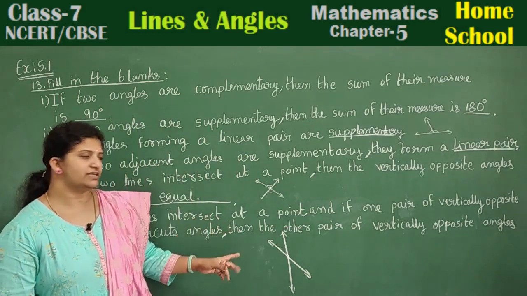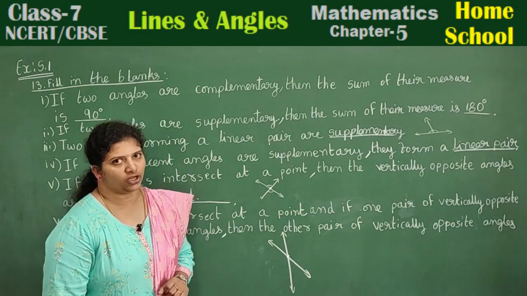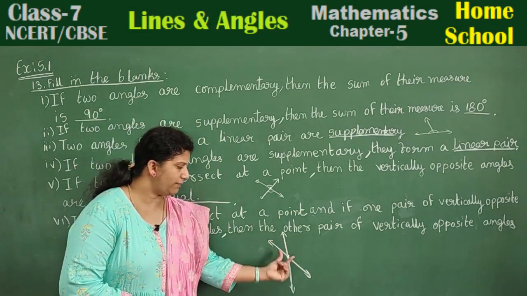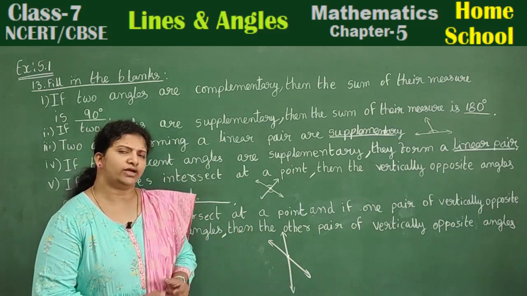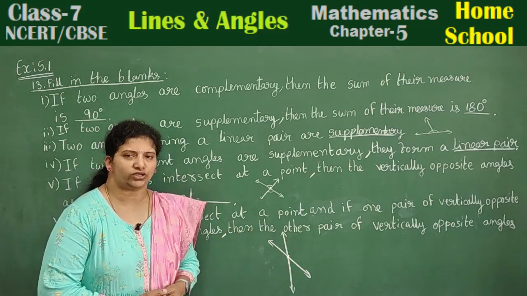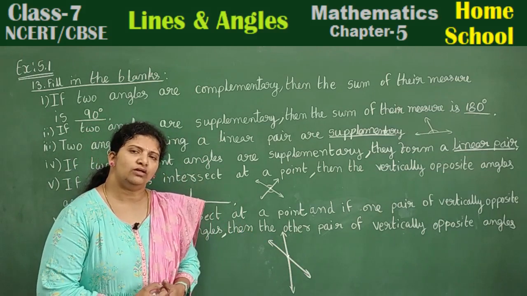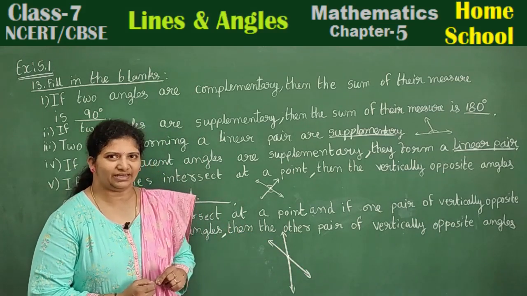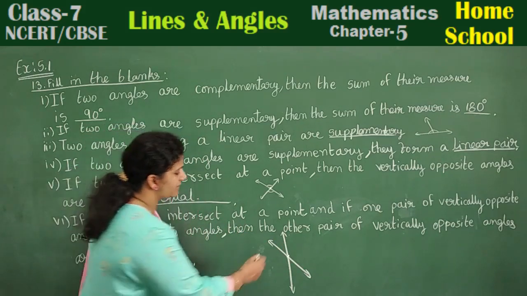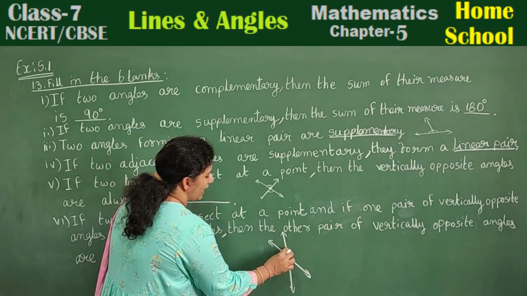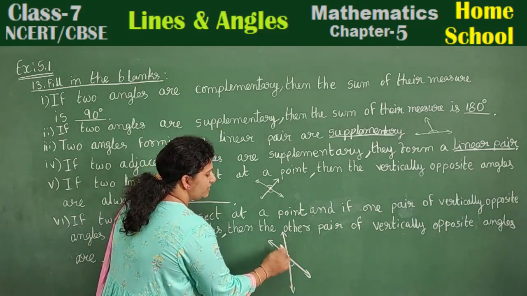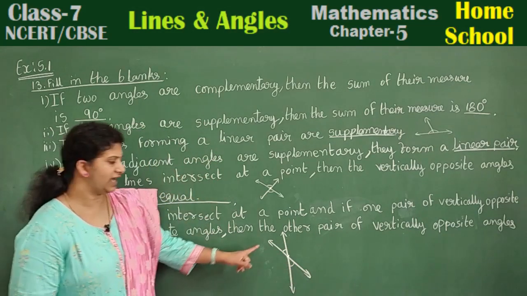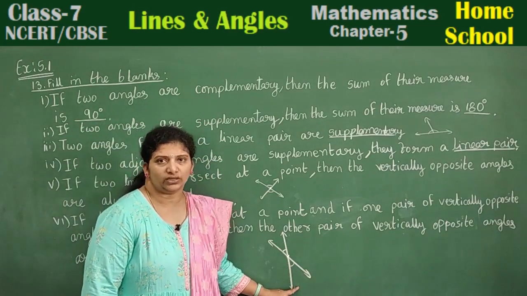If two lines intersect, you get two pairs of vertically opposite angles. This is one pair and this is one pair. And they have said one pair of vertically opposite angles are acute. What do you mean by acute? Less than 90 degree. So here you can see this is a small angle, it might be less than 90. Therefore I say this pair of vertically opposite angles are acute.